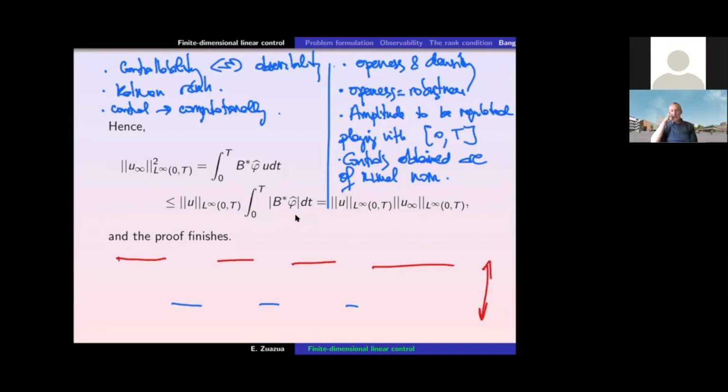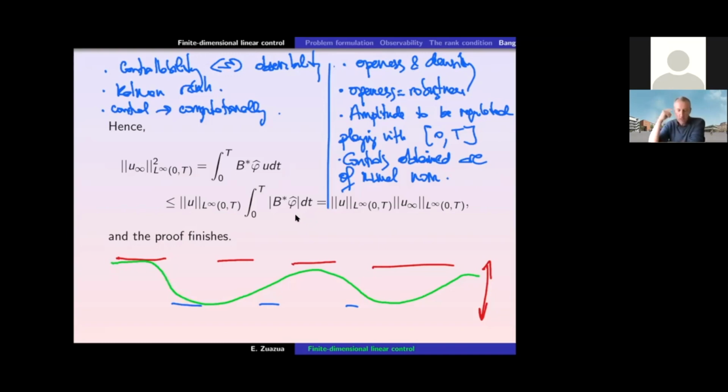Why do you think this control is minimal in L infinity? Why, for instance, could I not expect that the control of minimal norm will be oscillatory and smooth? Why do you think that the control of minimal norm has to be really bang-bang and will not have these smooth transitions?